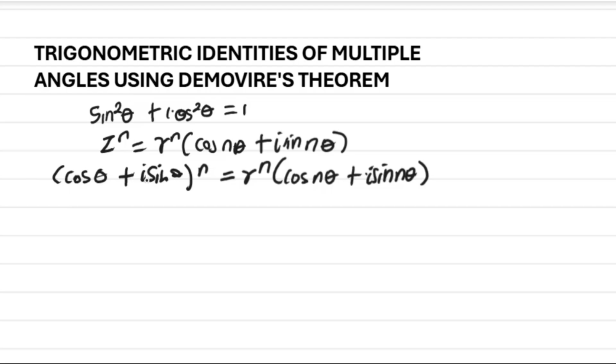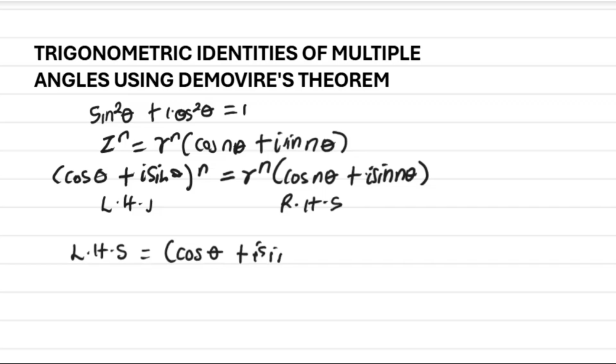So now that we have already gotten this, if we call cos theta plus I sine theta raised to n our left hand side, and we call r raised to n into cos n theta plus I sine n theta our right hand side, what it basically means is that our left hand side is equal to cos theta plus I sine theta raised to power of n.